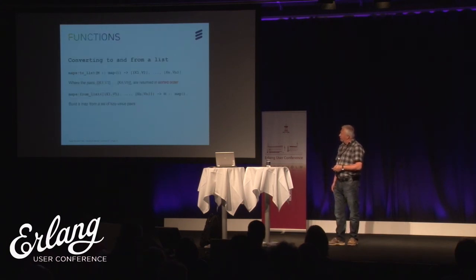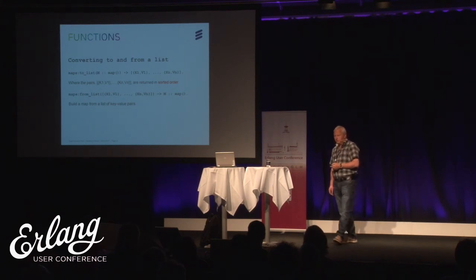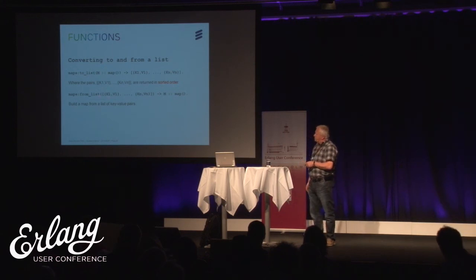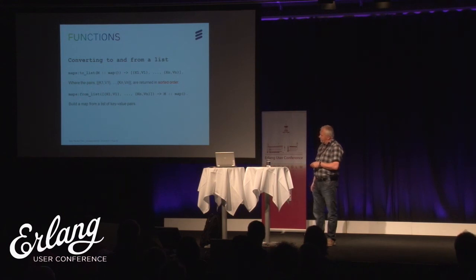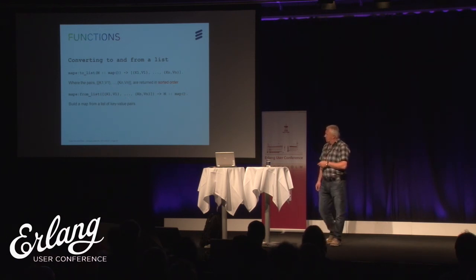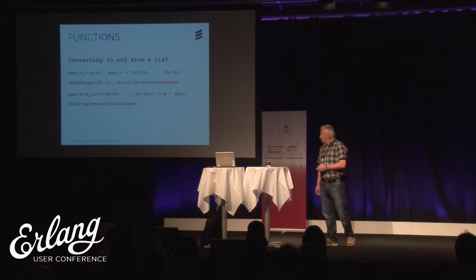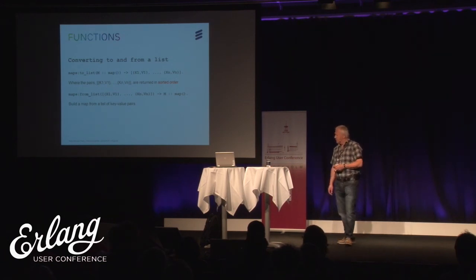If I go back here, of course, today we only support literals in the syntax for keys, but by using this from_list, you can create a very big map with variables as keys if you want to. But it will not get good characteristics if it's bigger than, say, 100, 200 keys or so.